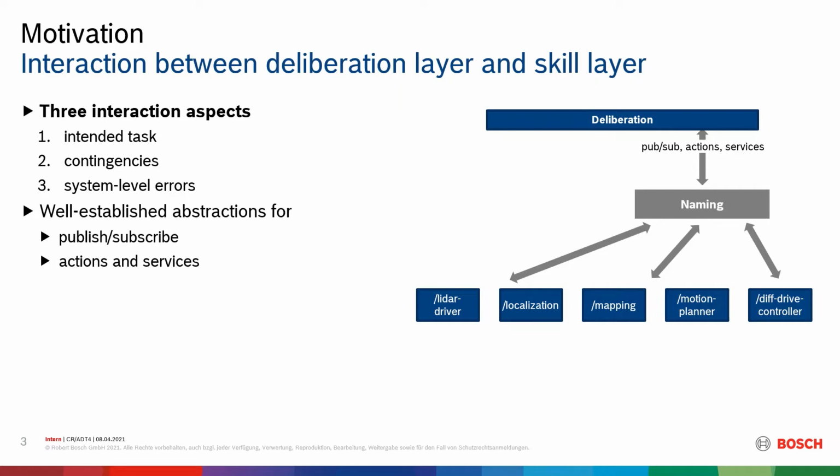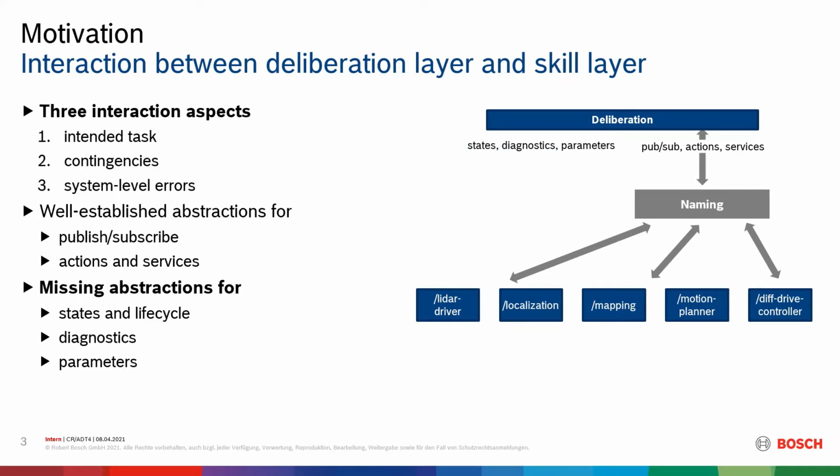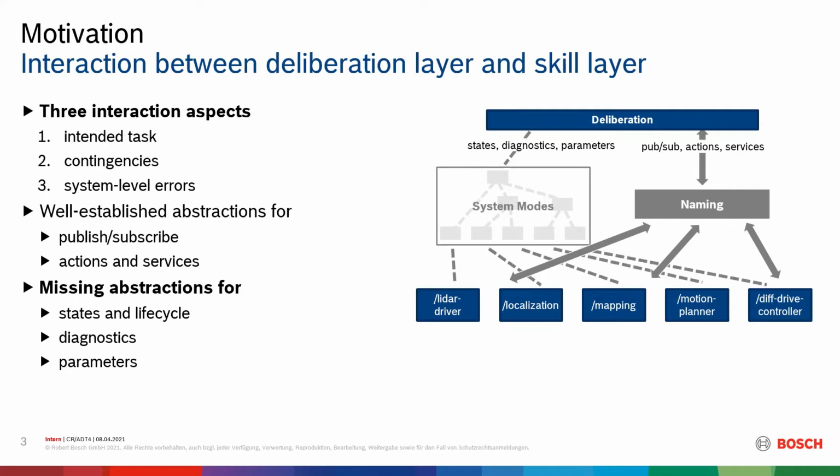According to our observation, this is, for example, the runtime lifecycle of components, diagnostics, as well as parameterization. For these aspects, the deliberation layer often still needs to be aware of the actual implementation of the skill, which prevents decoupling. System modes now try to fill exactly this gap by providing appropriate abstractions for these aspects as well.